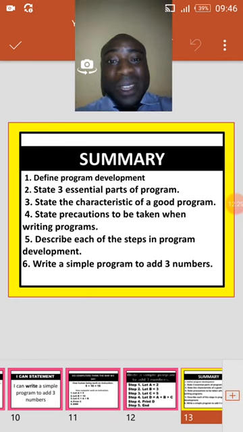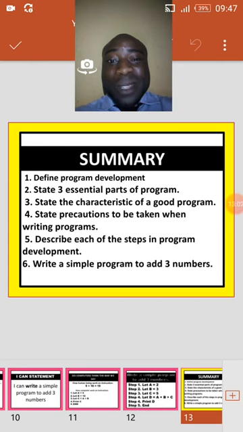And we look at 3 essential parts of program, that is instruction to accept the input data, instruction that will act upon the input data and process it, and the instruction that will display the result, that will give us answer.